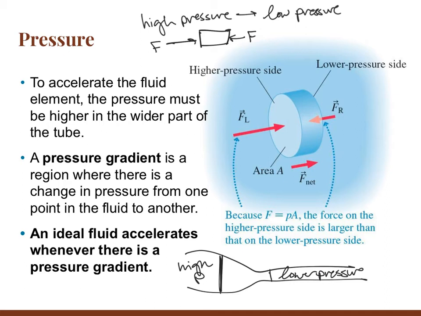So there's going to be a force between the high pressure and low pressure regions that accelerates the fluid to that higher velocity. And this area of transition where there's a difference between high and low pressure is called a pressure gradient. And the fluid will accelerate along that pressure gradient.